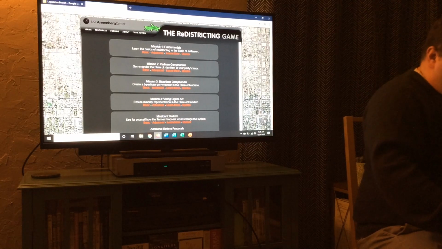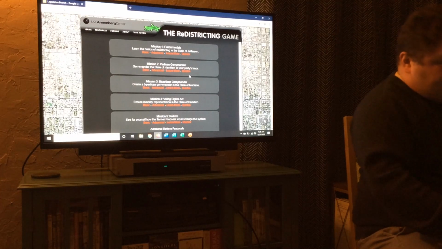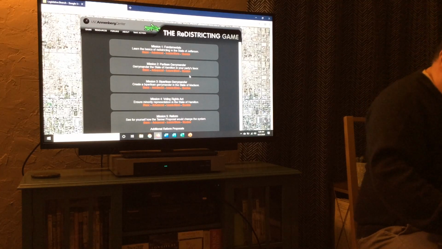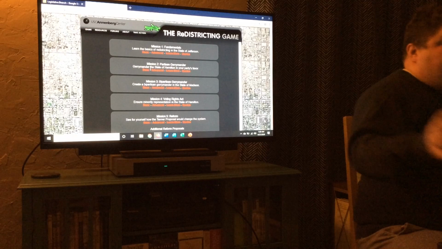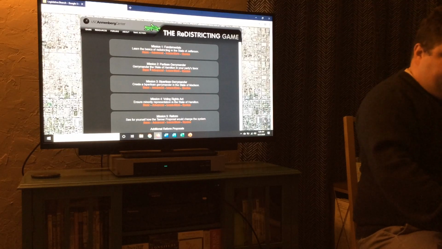Do mission 1 and mission 2. Mission 1 is just so that you understand what you're doing. Mission 2 is where you actually have to draw the lines and try to gerrymander the districts to favor whichever party you choose. There's basic and advanced. You can do it on basic.